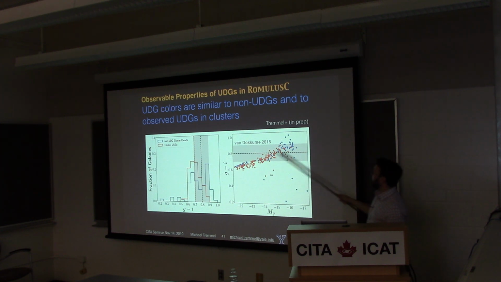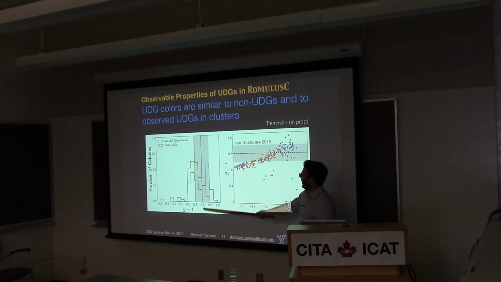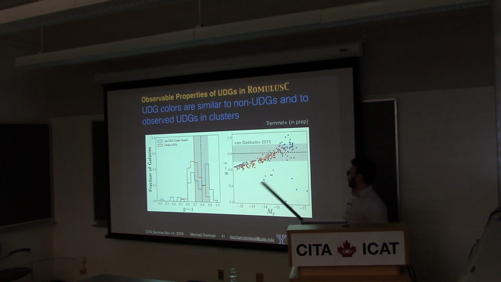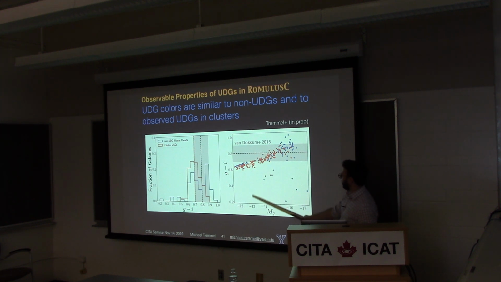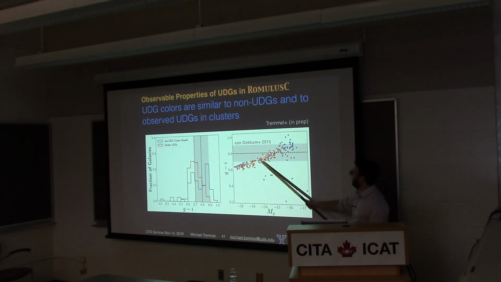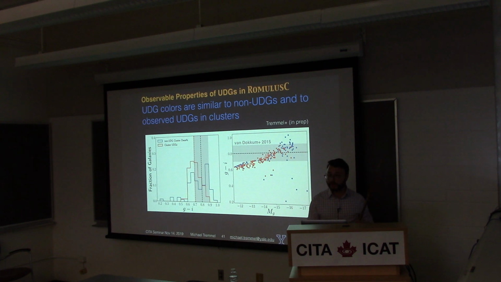This grayed area here represents the average colors from Pieter van Dokkum's UDG population, which only goes to 10 to the minus 13 magnitudes or so. So you're only sensitive really to these galaxies in here. So we agree well with the colors of observed UDGs.